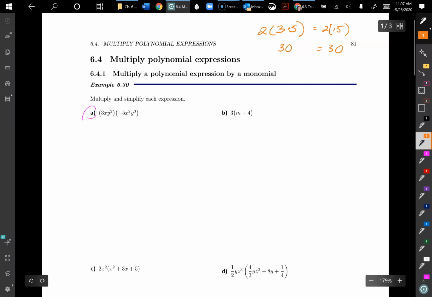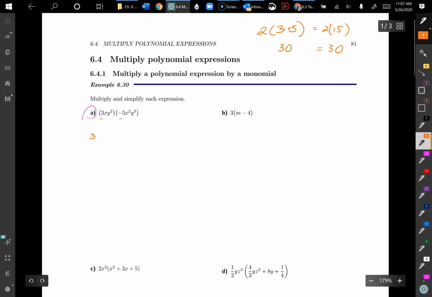But I would never go 2 times 3 is 6, and then 2 times 5 is 10, and then somehow suddenly either multiply or add those together. That wouldn't make sense. So the same thing here, we're just going to multiply our coefficients.